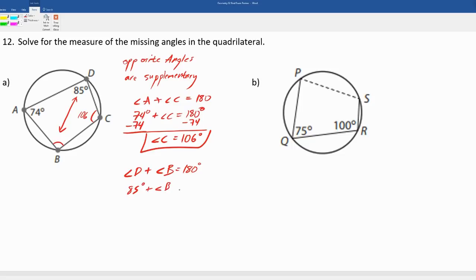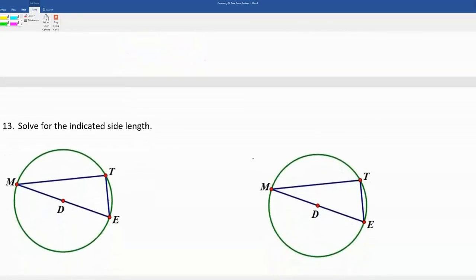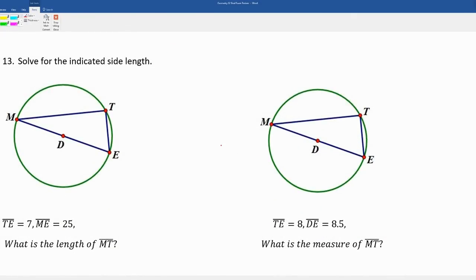Angle B we don't know yet, but notice how the setup is very similar to what I did recently for angle C. So subtract the 85 degrees, and angle B equals 95 degrees. So B looks very similar. Get your practice in, see if you can do it. I believe you can solve for the angles in the quadrilateral.